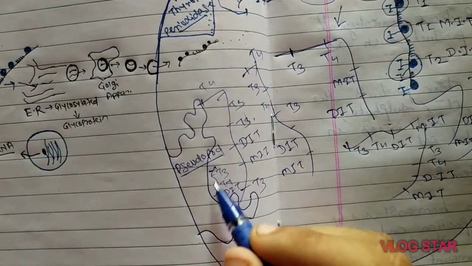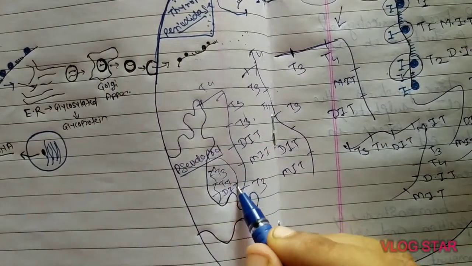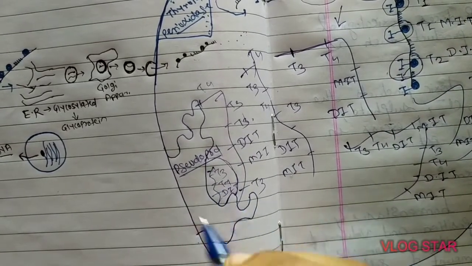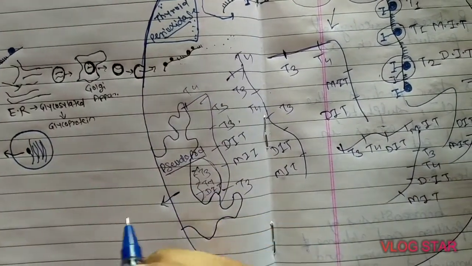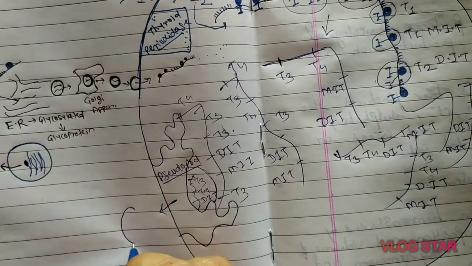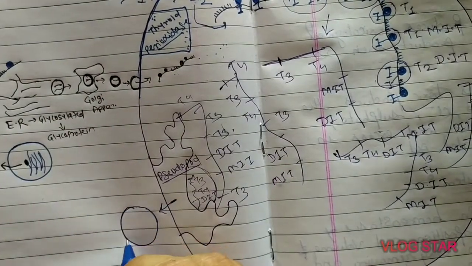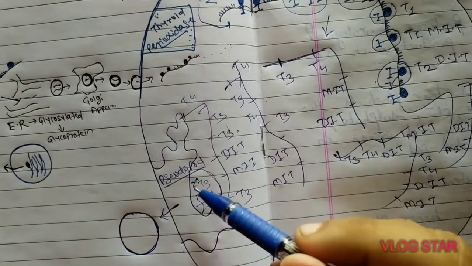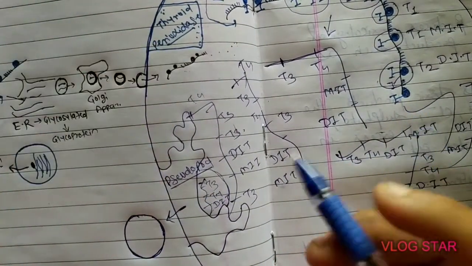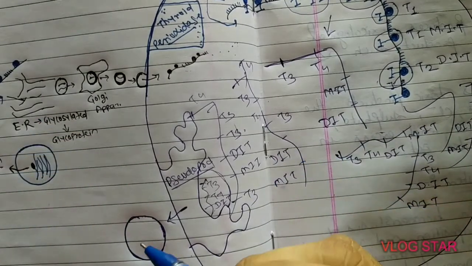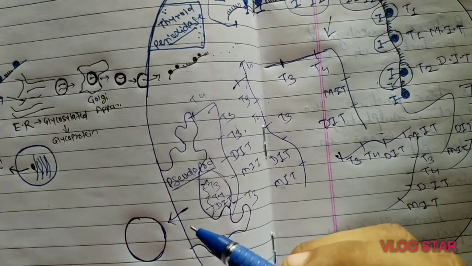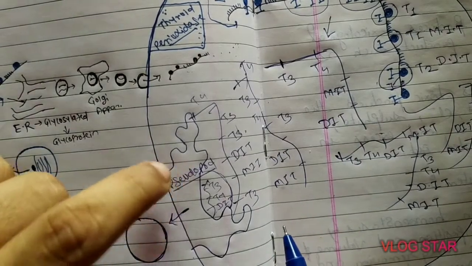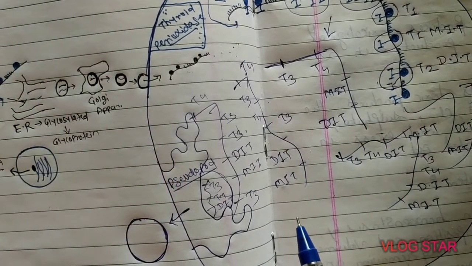And once this thyroglobulin forms a part of this pseudopod, it further enters inside the cell. So this is the pinocytic vesicle. This pseudopod takes a part of the colloid and it is taken inside the thyrocyte cell with the help of the pinocytic process.